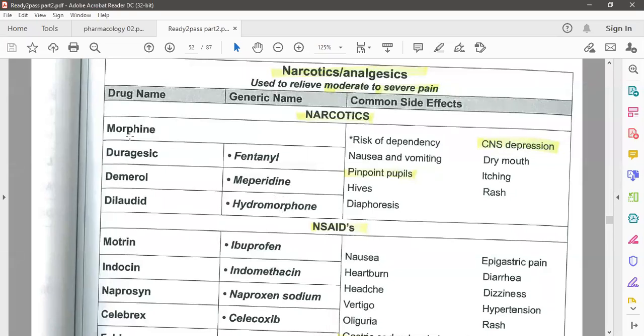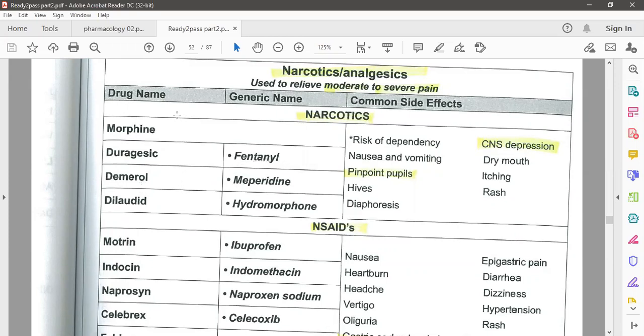Let's talk a little bit about the first member here, morphine, and what information we need for the NCLEX board exam about morphine. Other opioids that work like morphine are oxycodone or fentanyl.